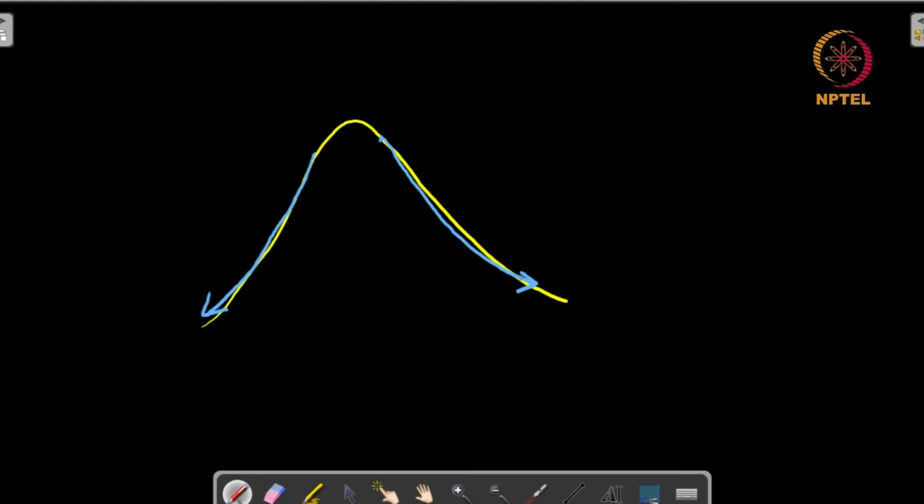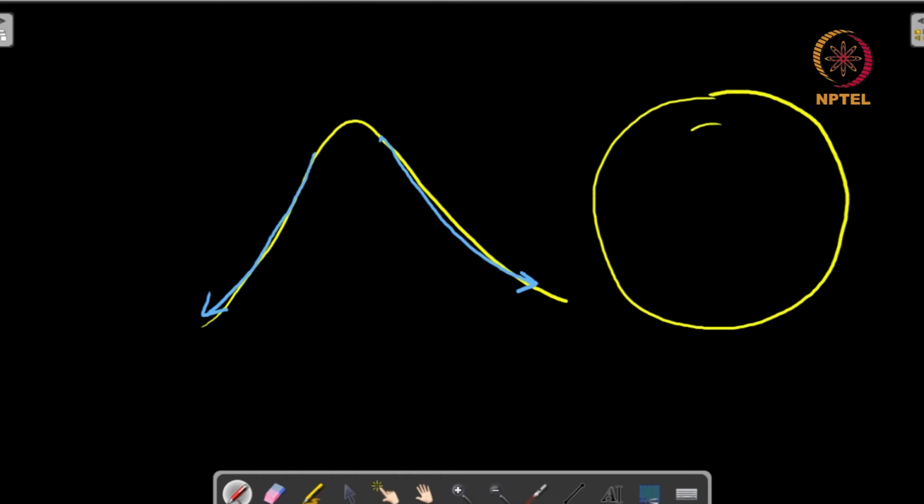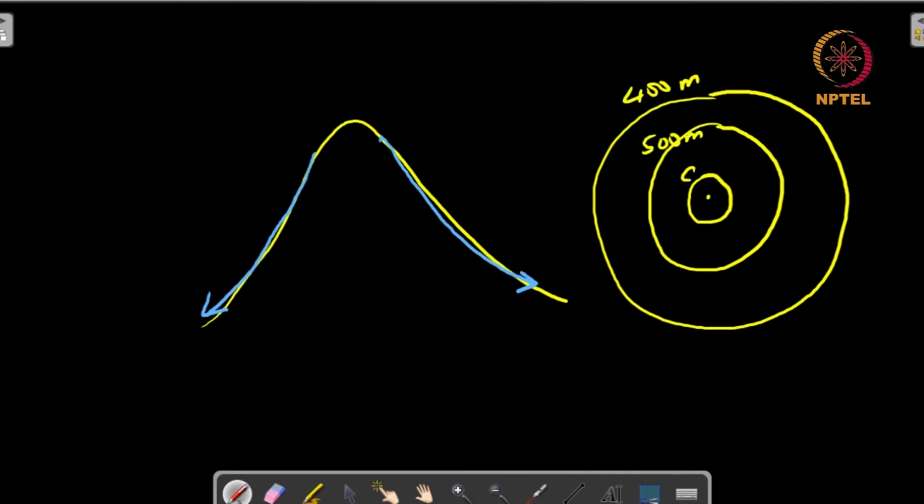So if you look at this area from the top and say you draw the contour lines, so this is the base, then this is a central contour, and then you reach the top. So let us say you have the elevations like 400 meters, 500 meters, 600 meters, and 700 meters.